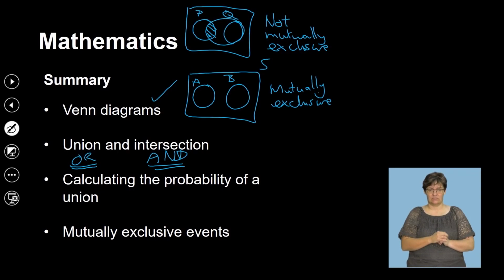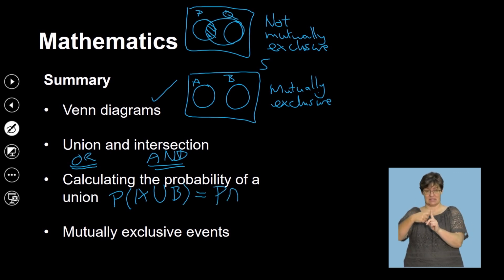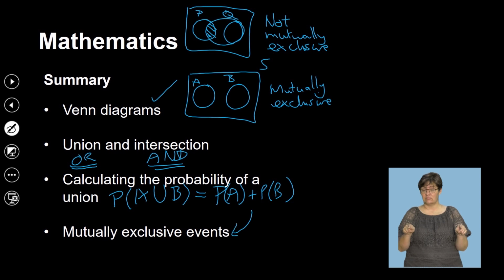Now remember, when we calculate the probability of the union, we have said the probability of A union B is equal to the probability of A plus the probability of B if the sets do not have an intersection.